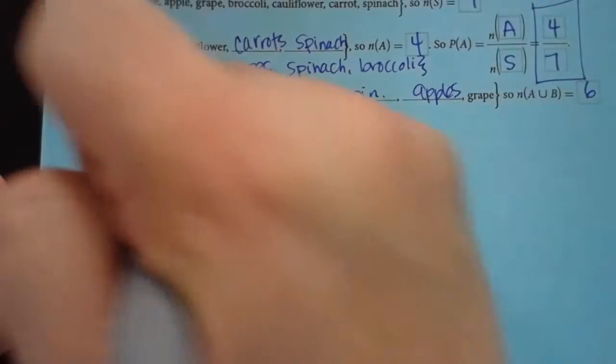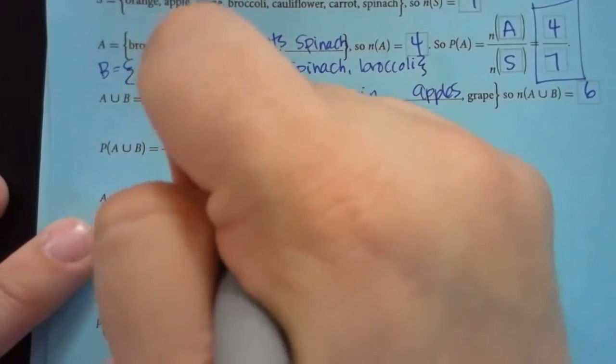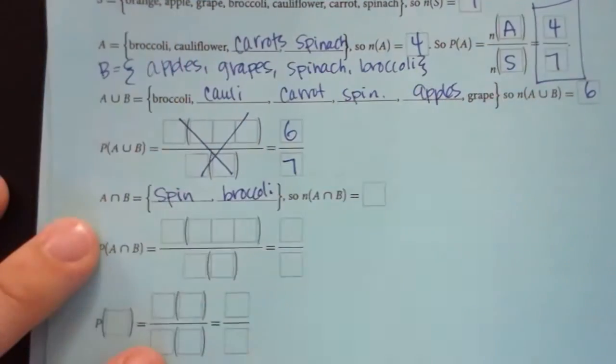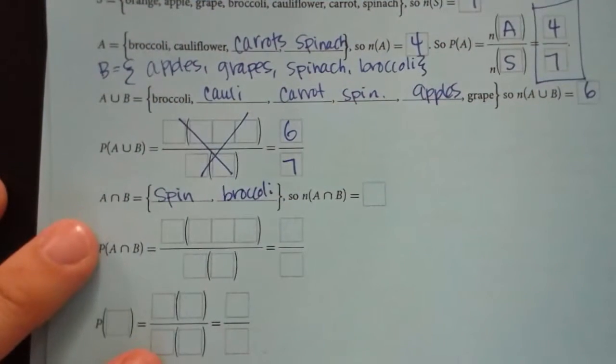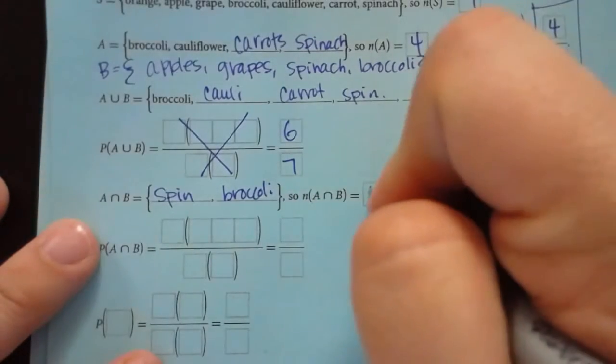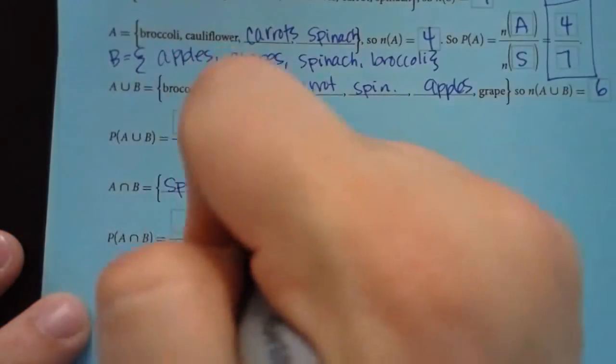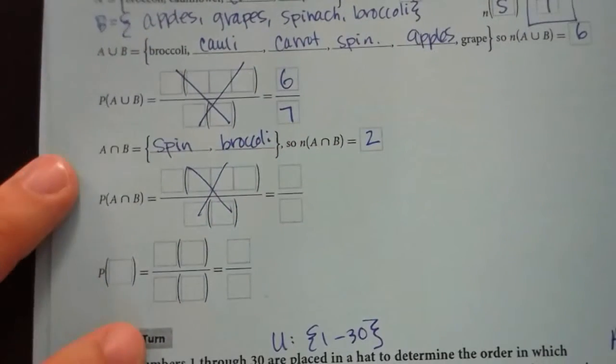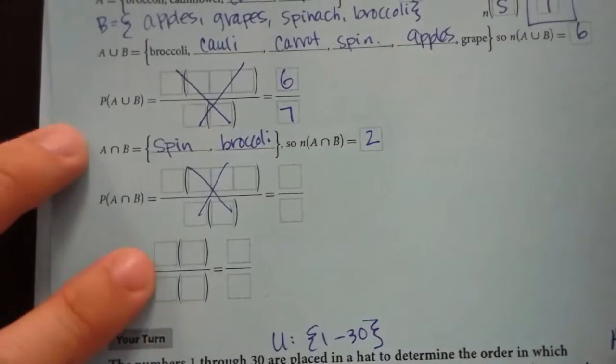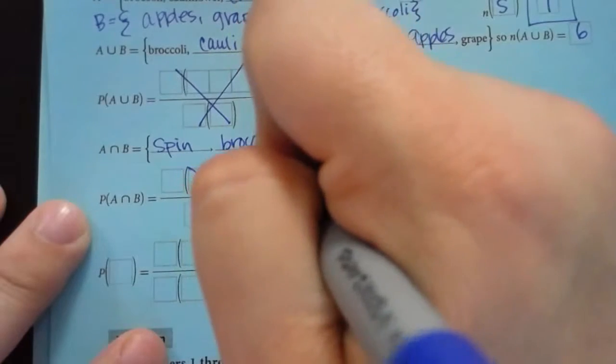What is both green and a vegetable? Broccoli and spinach. So, how many are in that group? 2. If I wanted to find the probability of drawing something from the intersection, what would it be? 2 out of 7.